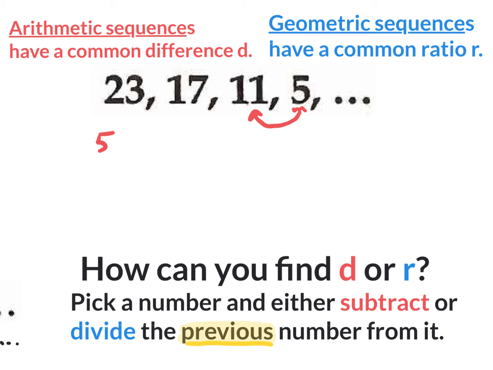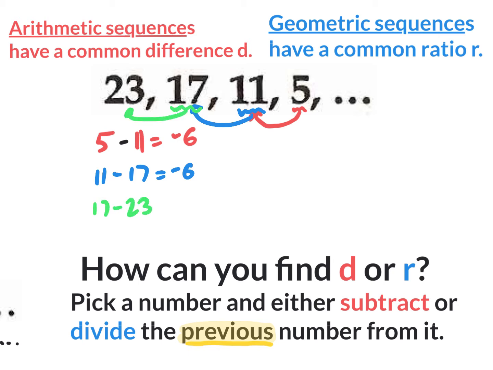So when I go 5 take away 11, what do I get? Negative 6. Okay. So if I go 11 take away 17, let me write that down. 11 take away 17, that's also negative 6. And if I go 17 take away 23, that's also negative 6. So we do have a common difference in all of its terms, okay?